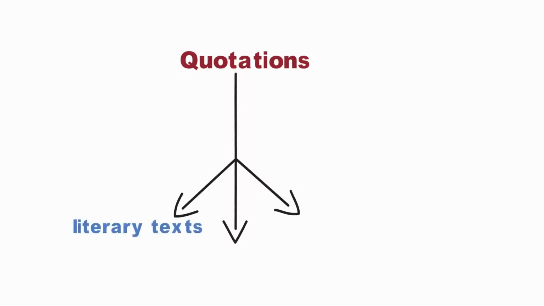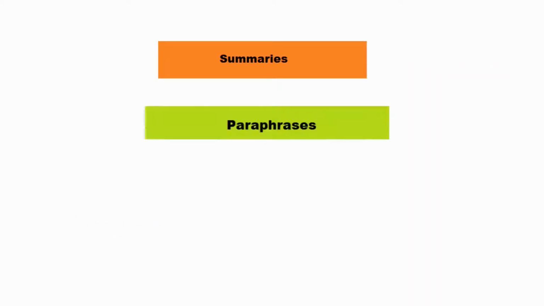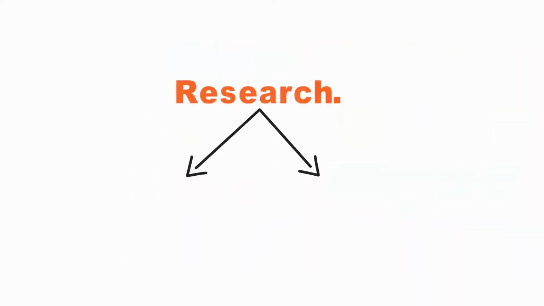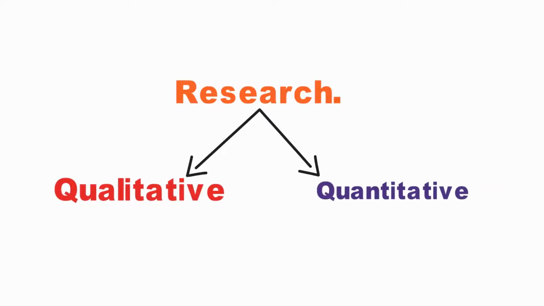Common types of evidence used in academic writing include quotations from literary texts, interviews, and other primary sources; summaries, paraphrases, or quotations of secondary sources that provide information or interpretation in support of your point; qualitative or quantitative data that you have gathered or found in existing research; and descriptive examples of artistic or musical works, events, or first-hand experiences.